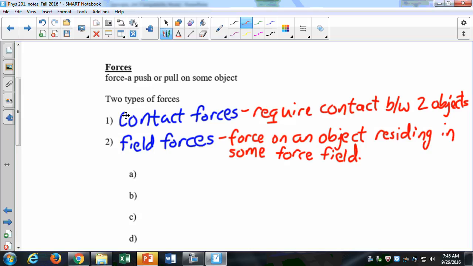But a field is really just a way of measuring a force. You don't need to worry too much about it right now because we'll talk about the mathematical tools that we use to deal with them. We know some examples of fields like the electric field and the gravitational field. But for now, all you really need to know is that field forces don't require contact. So I'm going to just put that in parentheses here, don't require contact.